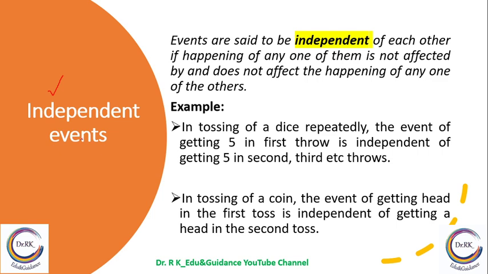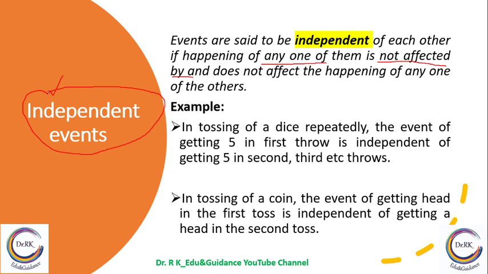If the happening of any one of them is not affected by the other event, that means there is no dependency between the two events, so the events are called independent events.